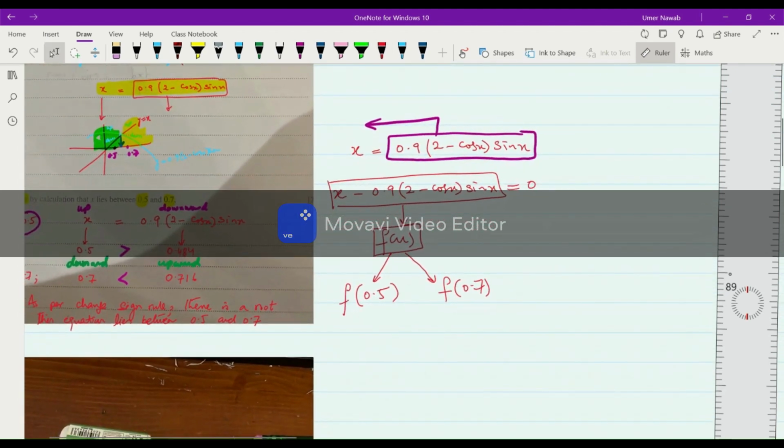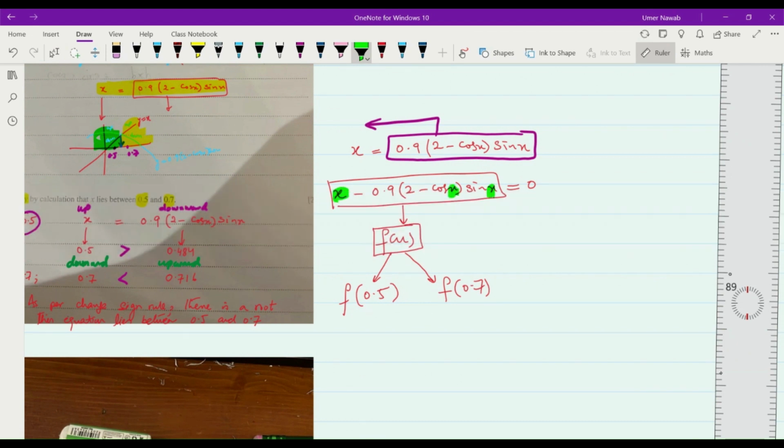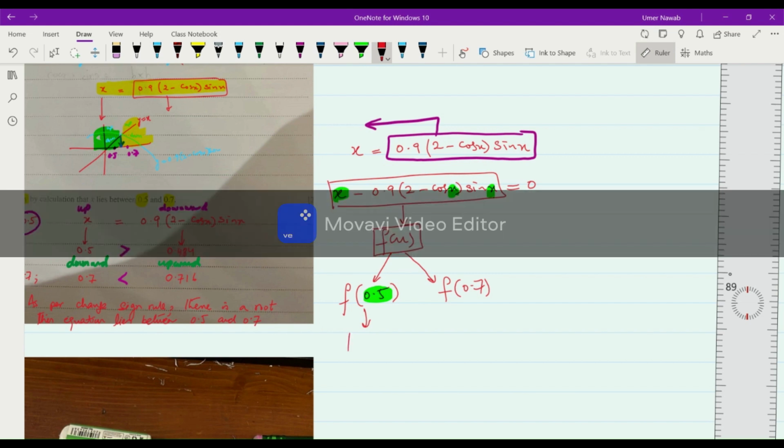Now when you substitute 0.5 in the place of x, you will obviously get a positive answer.